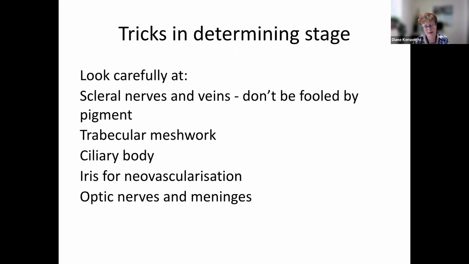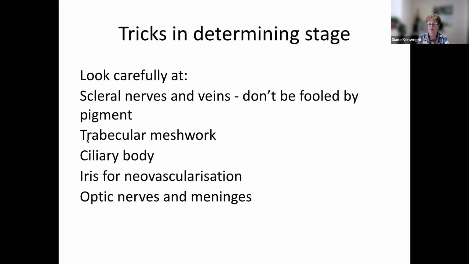All right. So tricks in determining stage. When examining an eye with uveal melanoma in it, you have to look very carefully at specific things. The first thing to do is look at the scleral nerves and veins. And don't be fooled by pigment. Pigment naturally tracks along the scleral nerves and veins. You actually have to look for the melanoma cells. Look very carefully in the trabecular meshwork.